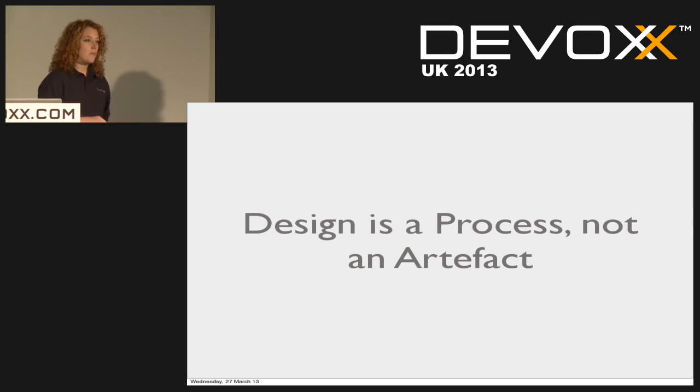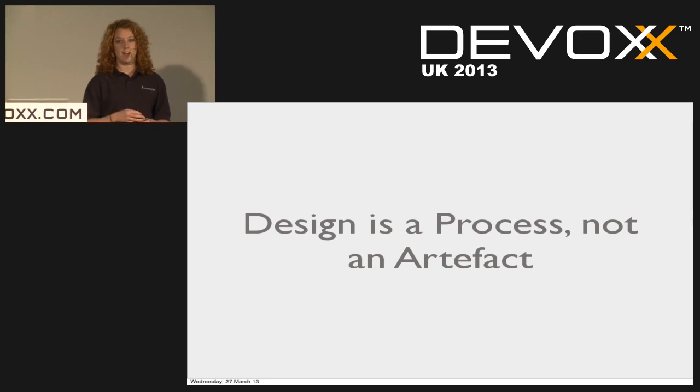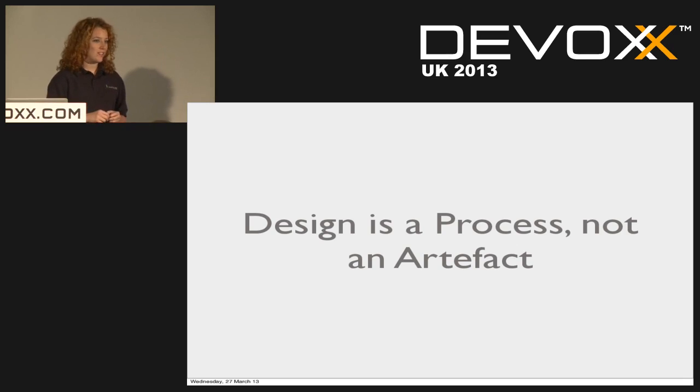But we don't really talk about design anymore because we talk about coding, we talk about clean code, we talk about standards, we talk about agile, and we talk about working software over comprehensive documentation. We don't really talk that much about how we do design, but we're all doing it every single day. I wanted to explore that a little bit more and talk about how we really do design on a day-to-day basis as developers.